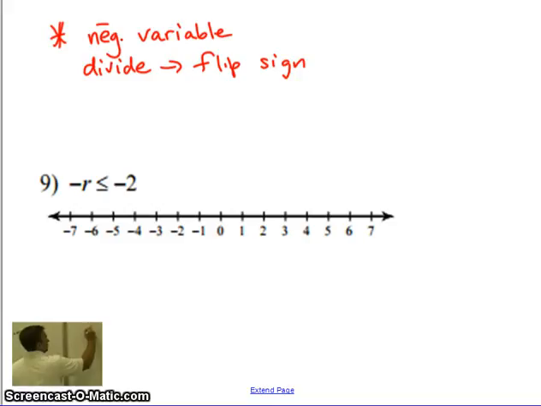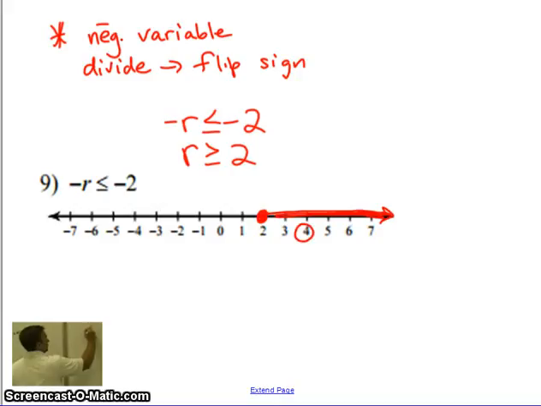So in this case we have -r is less than or equal to -2. So positive r is greater than or equal to 2. We go to 2, draw a closed dot, and shade to the right. Now if we wanted to check to see if this makes sense, let's choose one of the numbers that we shaded.